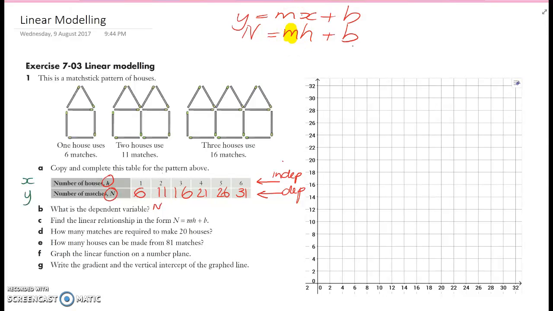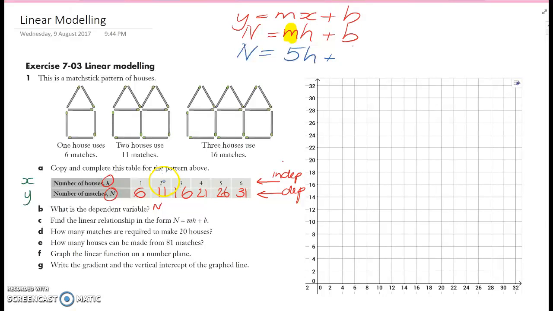So I could say that n equals 5h plus something. Well, let's check it out. For one house, I've got 6. So 5 times 1 is 5, but I've got 6. So it couldn't be just 5h. I've got to fix it up. What am I going to add?